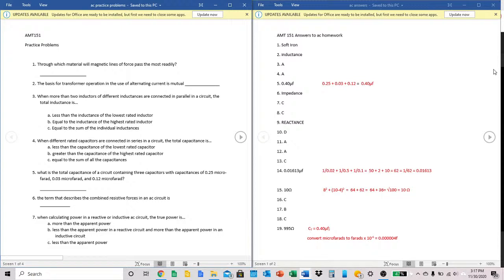So this problem is expecting you to use the formula of capacitances, the total sum of capacitances. The correct answer is 0.4 microfarads is the total capacitance in that example. And here in the answer key, I just added all 3 of those capacitances.